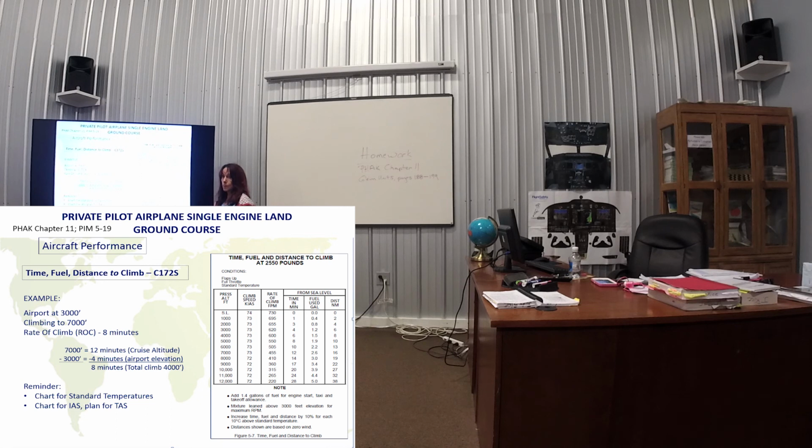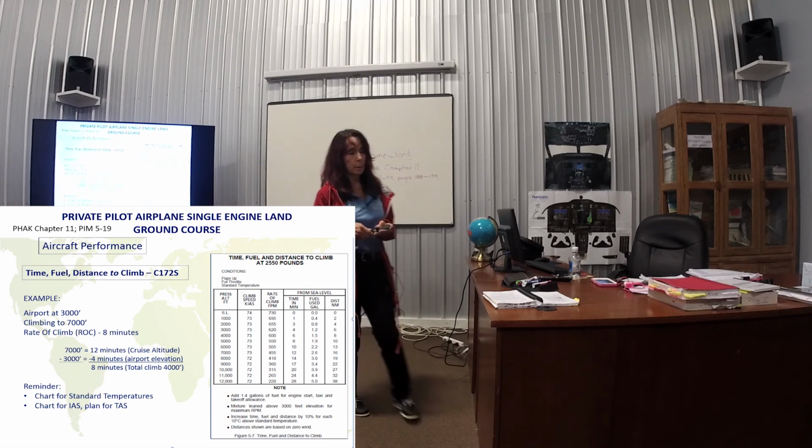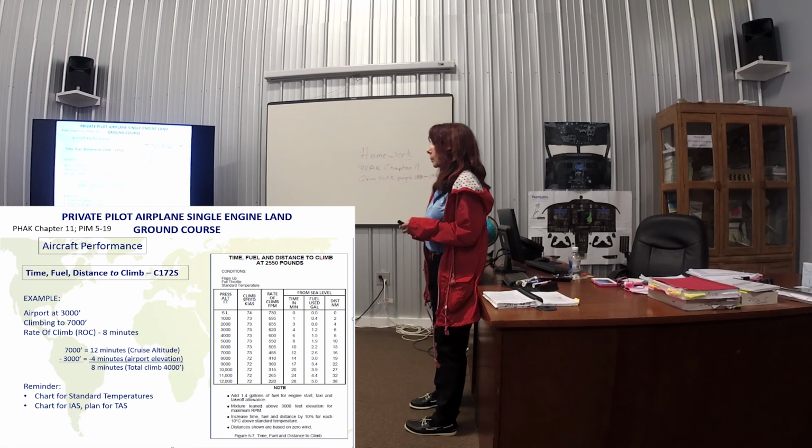It's not a chart for temperature. You almost always in Florida have to increase 10% for 10 degrees above standard temperature. We're just not 59 Fahrenheit or 15 Celsius. And zero wind. The wind component we do on your nav chart. The temperature is important.